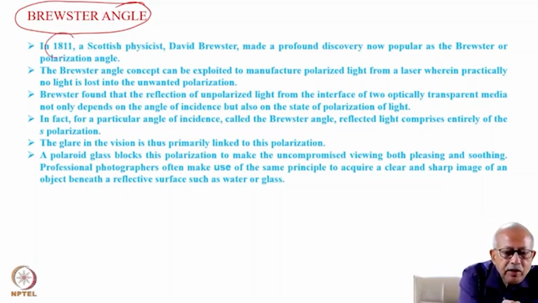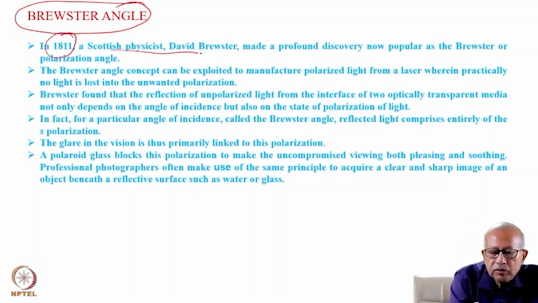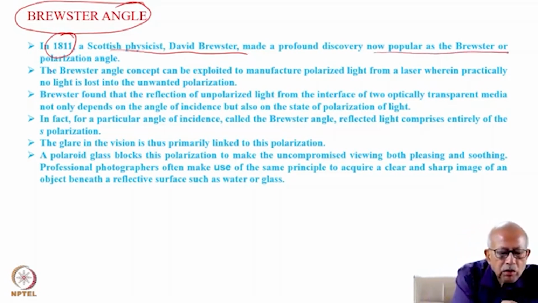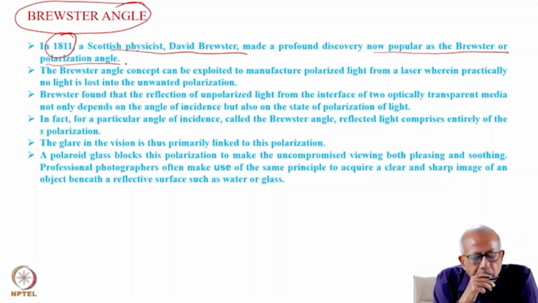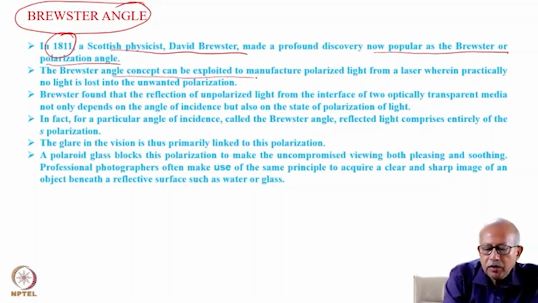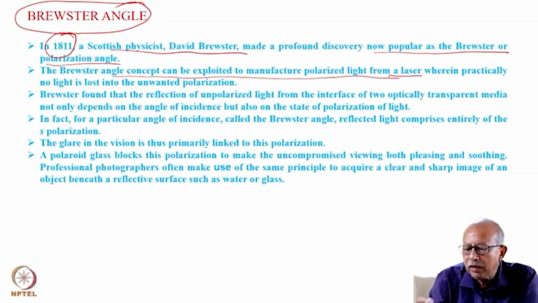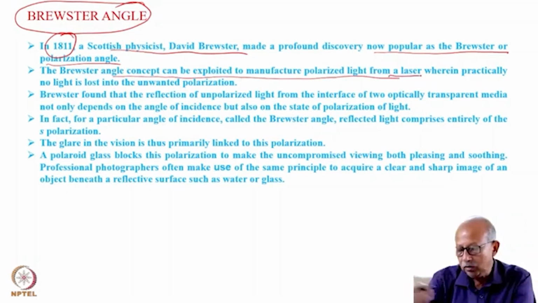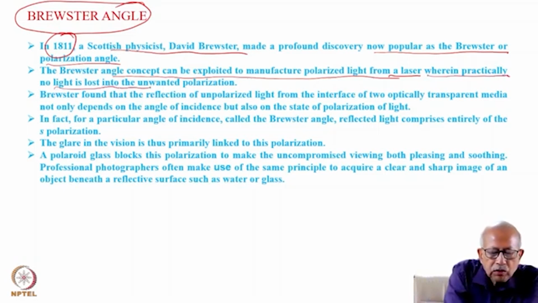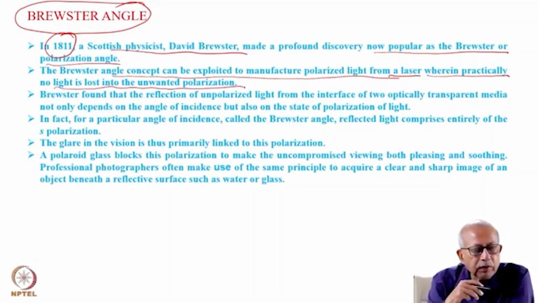In 1811, Scottish physicist David Brewster made a profound discovery, which is now popular as the Brewster or polarization angle. Let me mention here, the Brewster angle concept can be exploited to manufacture polarized light from a laser. We will see it as we move forward in this course, wherein practically no light is lost into the unwanted polarization.